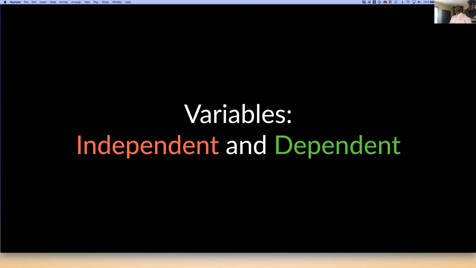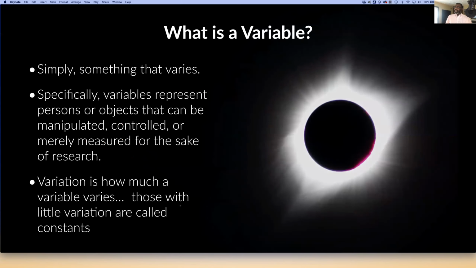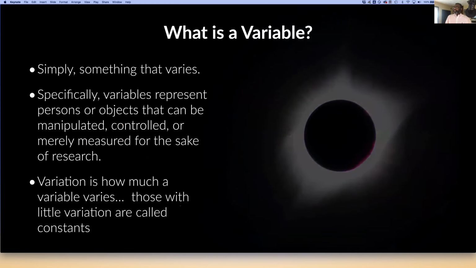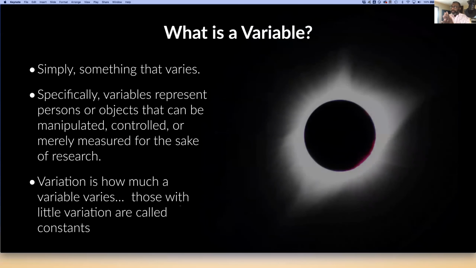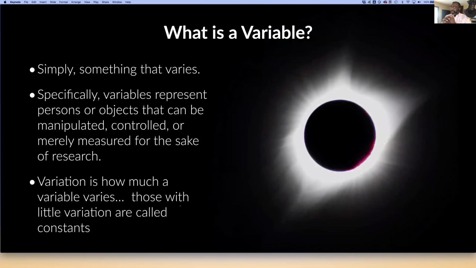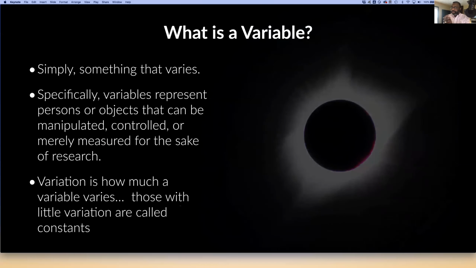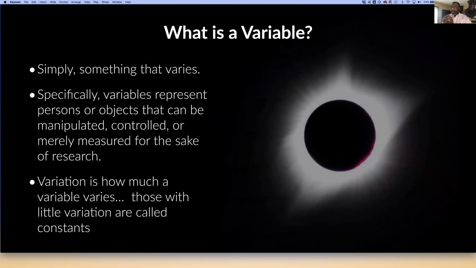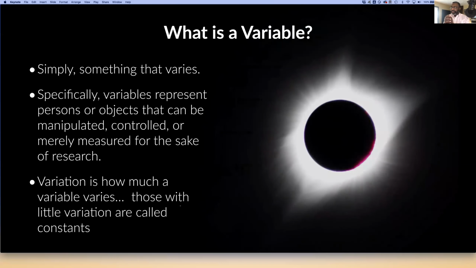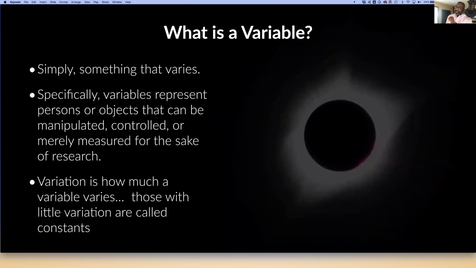All right, so we're going to get into one of the most important pieces of quantitative research and statistics, and that's being able to determine what is an independent variable and what is a dependent variable. And so a variable is something simply that varies. Specifically, variables represent persons or objects that can be manipulated, controlled, or merely measured for the sake of research. And the variation is how much a variable varies. Those with little variation are called constants.